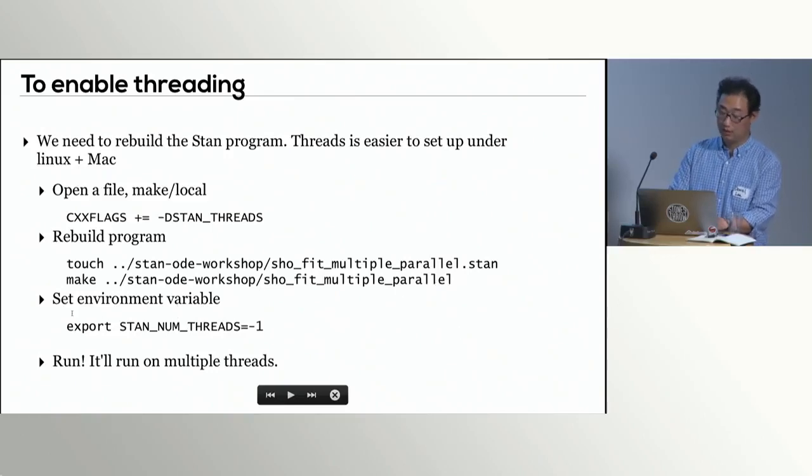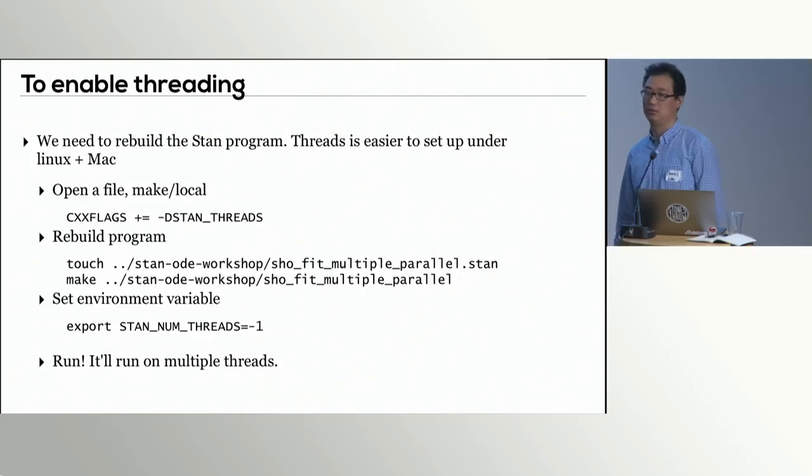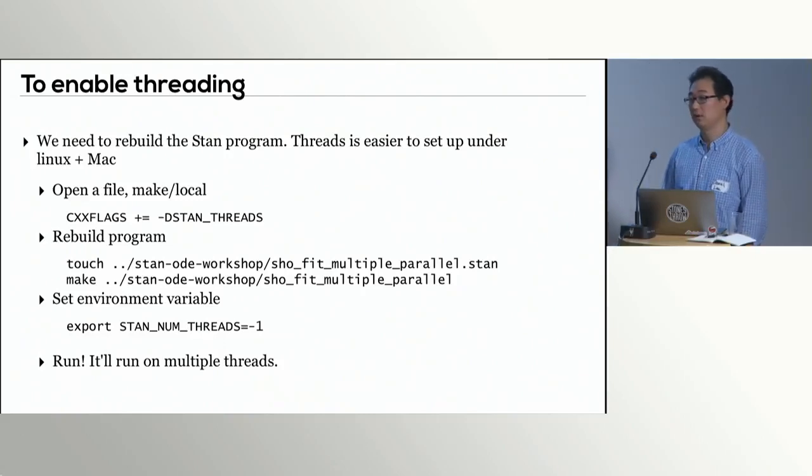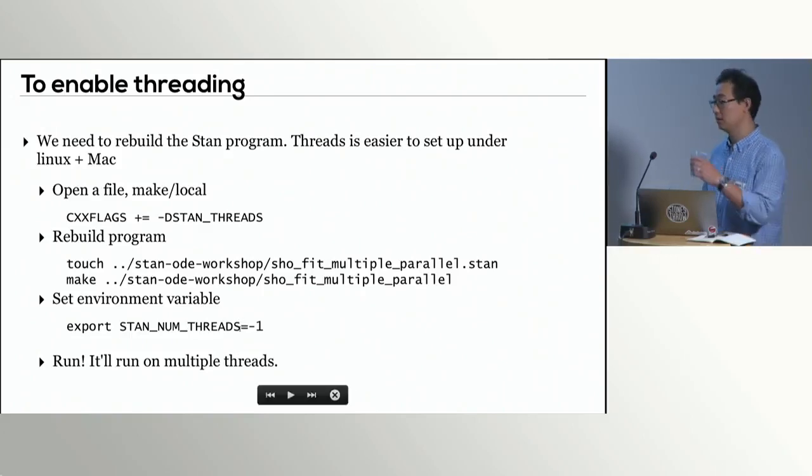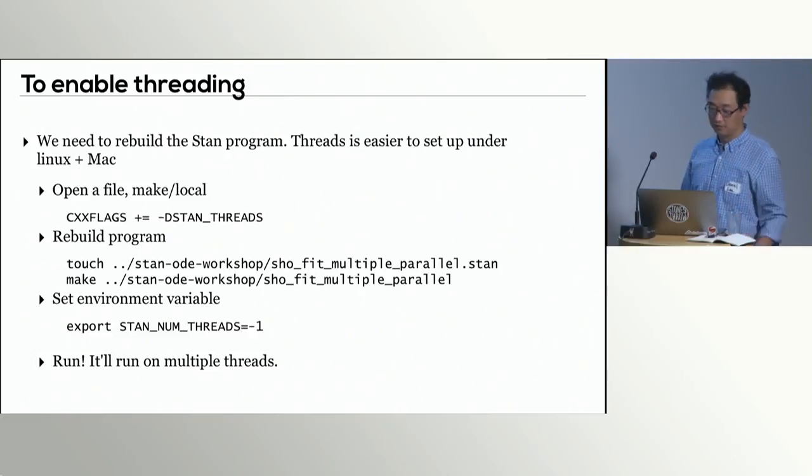And then when I run it, I want to set STAN_NUM_THREADS to a number. -1 in this case will use as many cores as you have, and any positive number will be that many. Does that count virtual cores or not? It does count virtual cores. I think we should turn all that logical stuff off. Okay, we can.